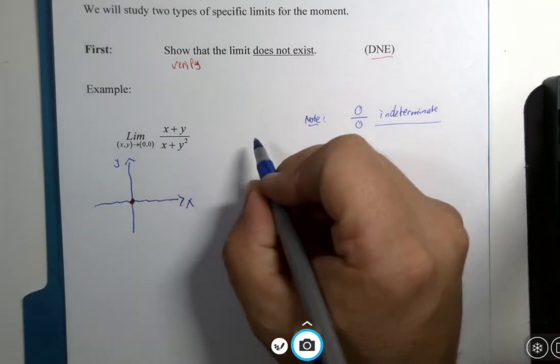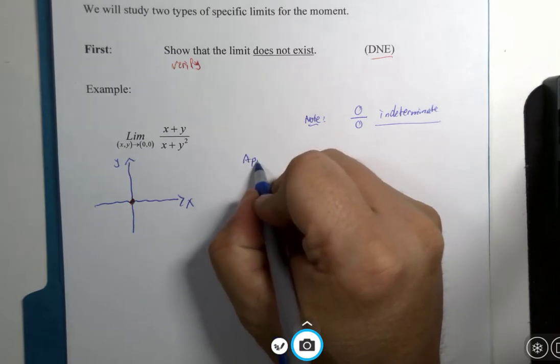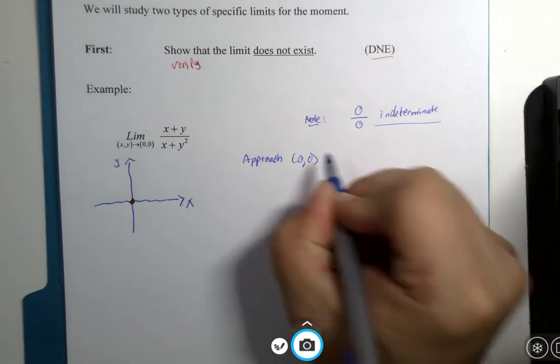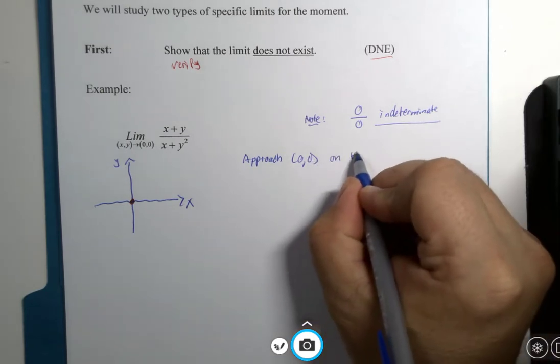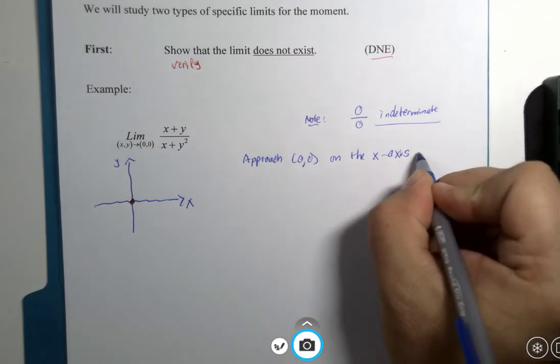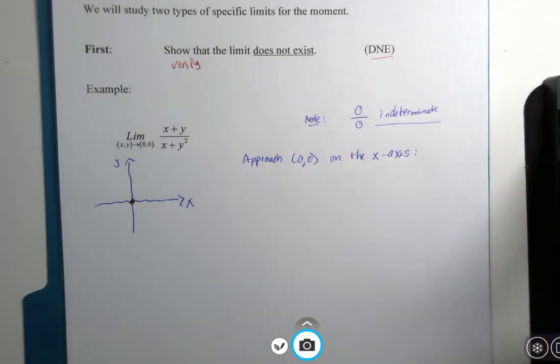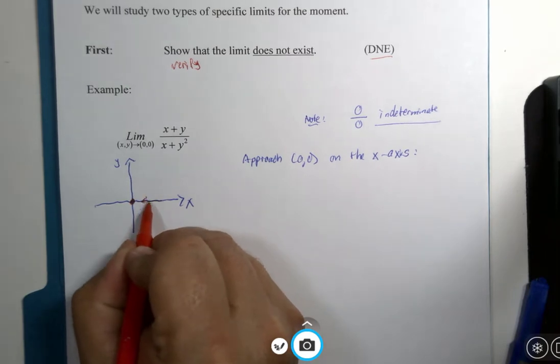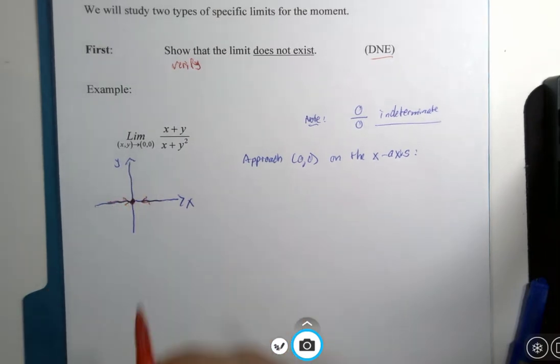So what if we were to approach 0, 0 on the x-axis? What would that look like if we were approaching the x-axis? What if we were to approach the origin either from the right or from the left? What would that look like?